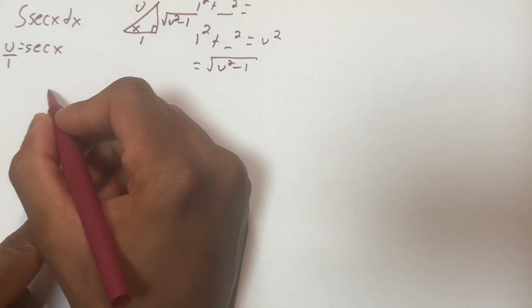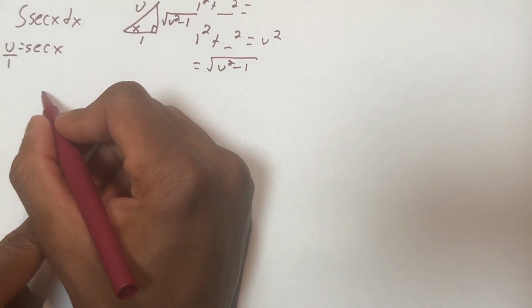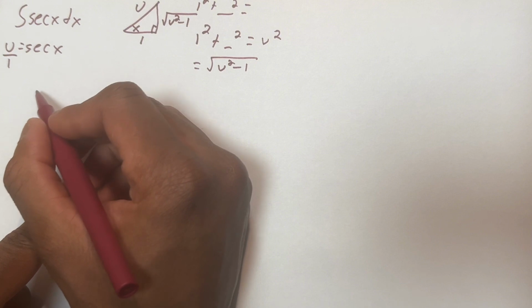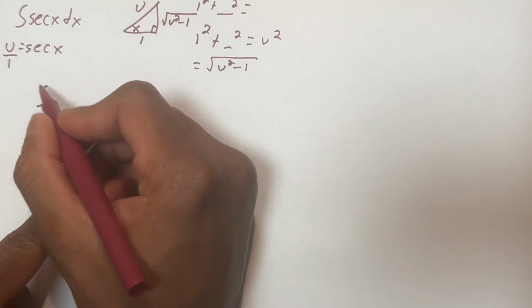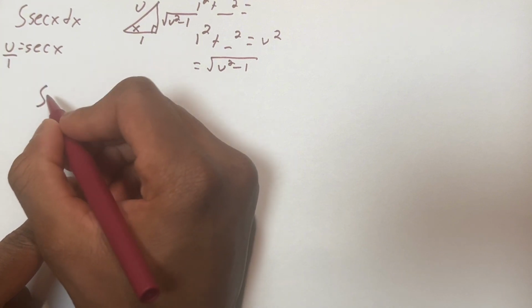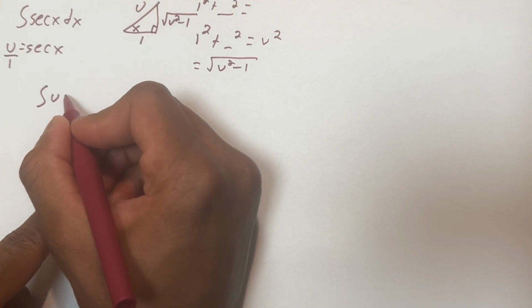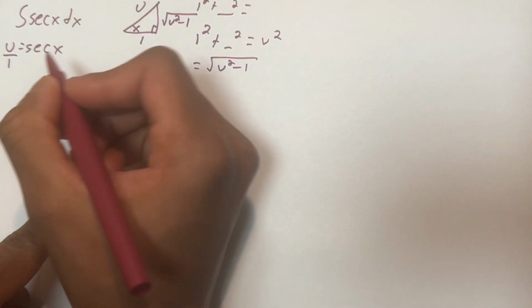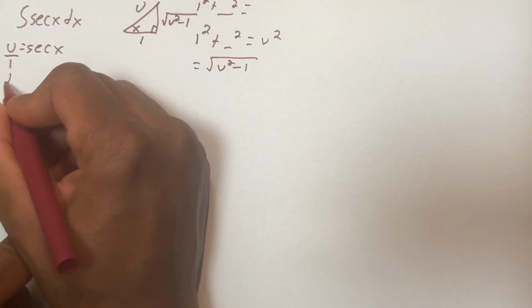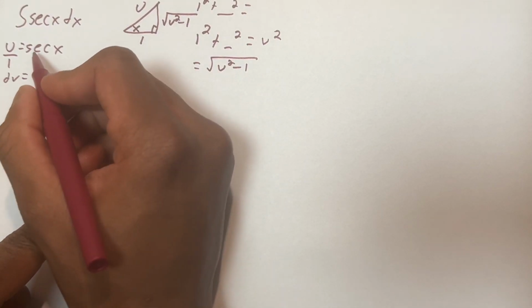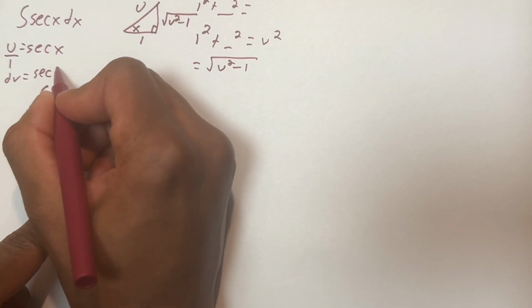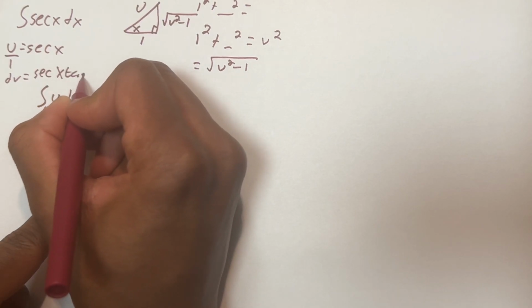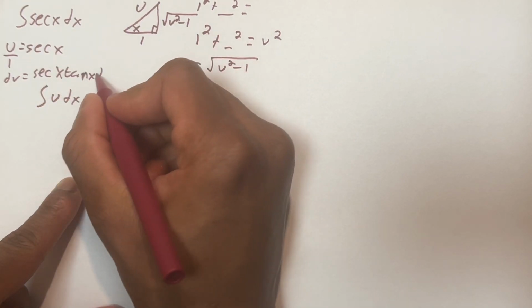So now what we can do is take this integral and put this in for u. But we need a du, of course. So du equals secant x tangent x dx.